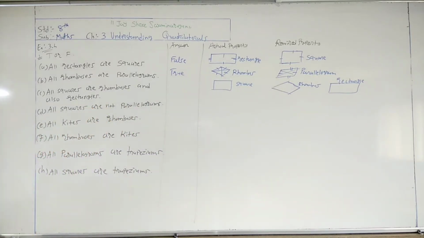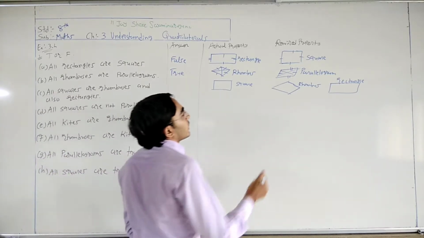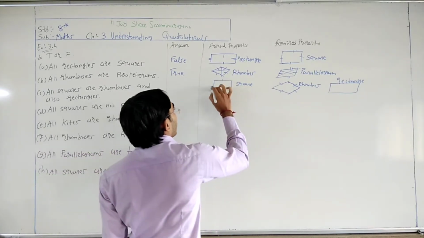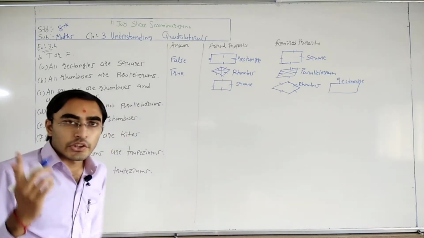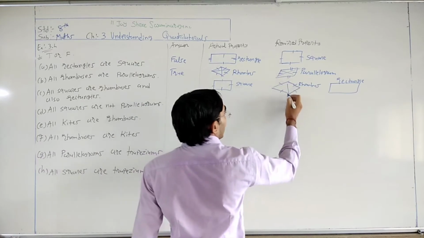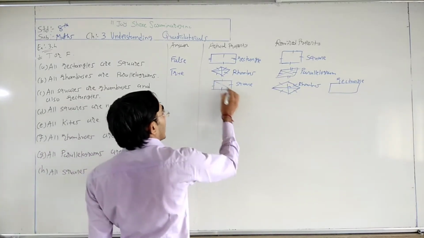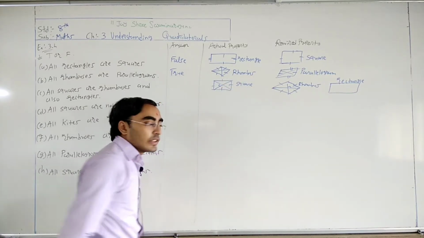First of all, for the rhombus, what do we require? All four sides are the same, which we have in the square. Second thing for a rhombus, diagonals bisect each other at 90 degrees, and in a square diagonals also bisect each other at 90 degrees.